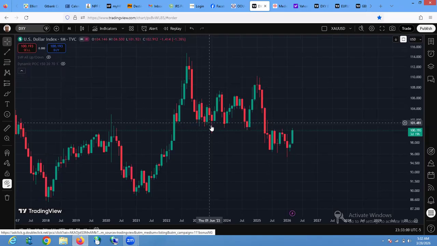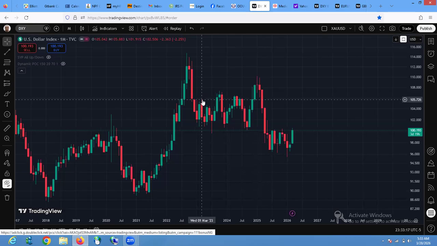The price came down. This is 2. Look at the third wave. Look at the fourth wave, the fourth wave didn't get to the end of the second wave. 1, 2, 3, 4, 5.